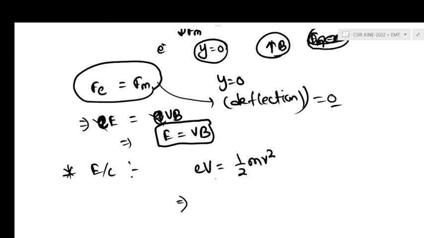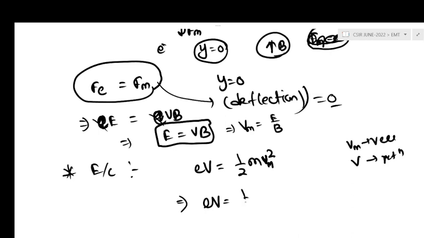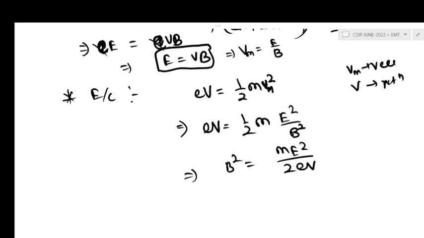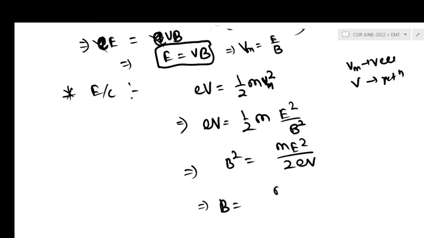Vm is the velocity and V is the potential. If you put the value of velocity, that is E by B, eV is equal to half m vm square, which is E square by B square. So B square is equal to m E square by 2eV. That implies the magnetic field is equal to the root of m E square by 2eV.